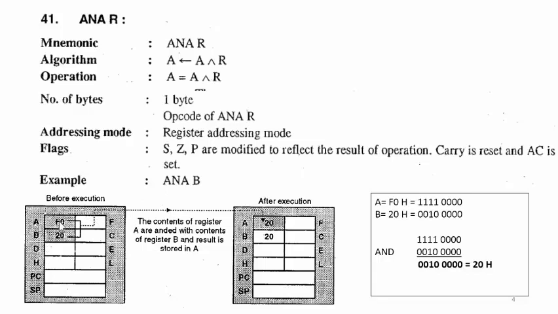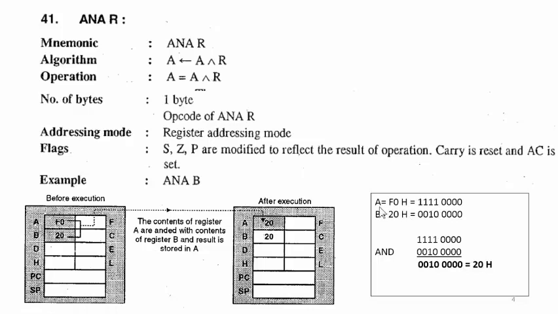Suppose before execution in the accumulator we have F0 hex, and in B register 20 hex is available, and suppose this ANA B instruction gets executed. After the execution of this ANDing instruction, we get result 20 hex in the accumulator.